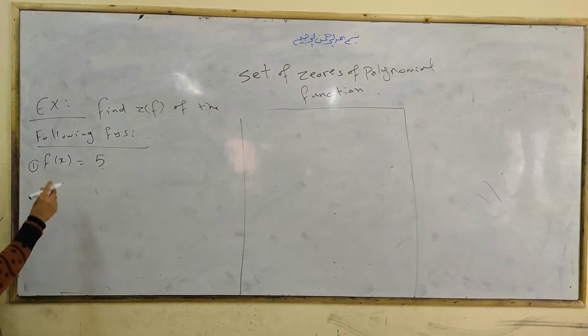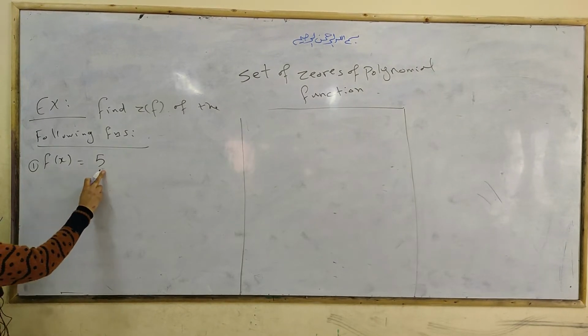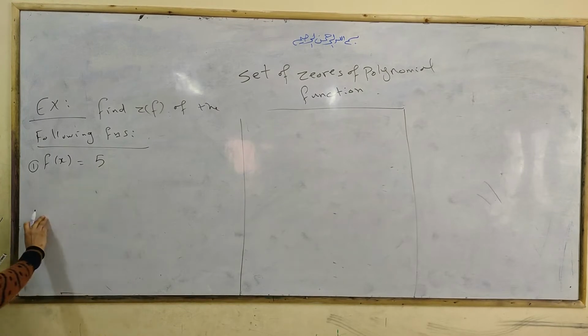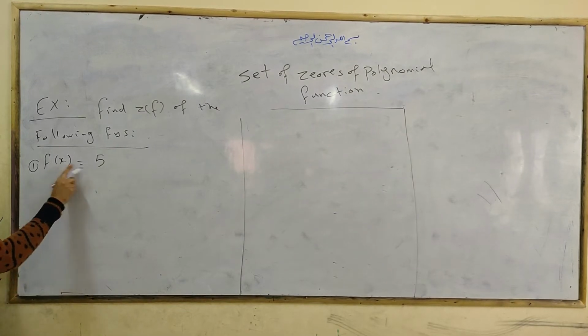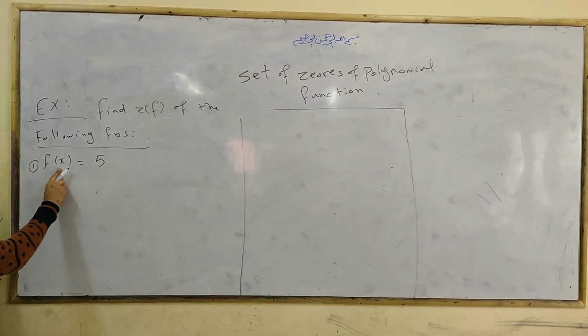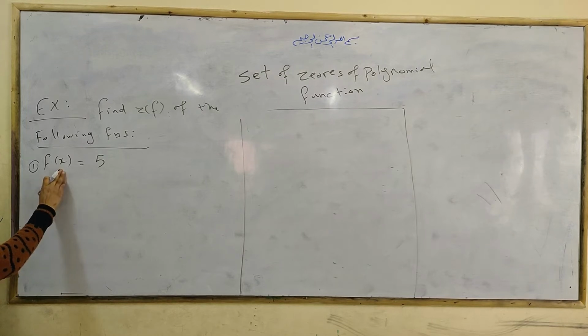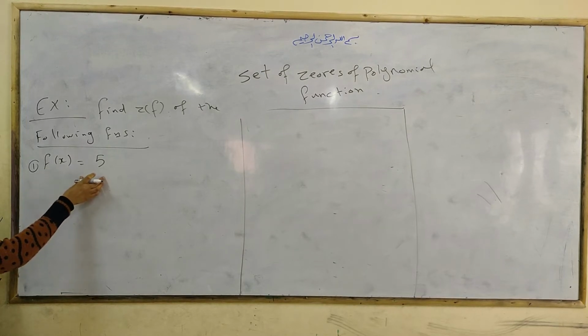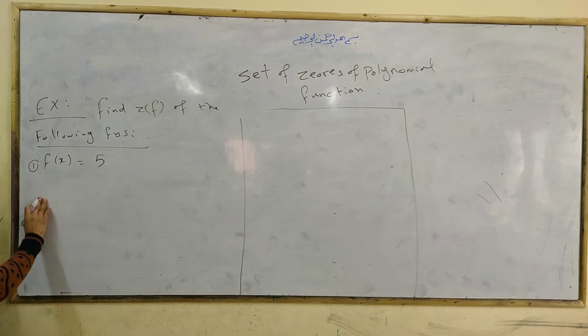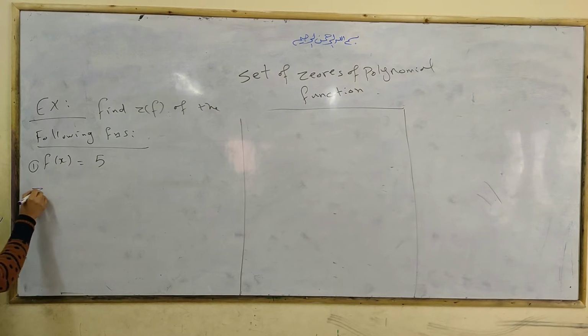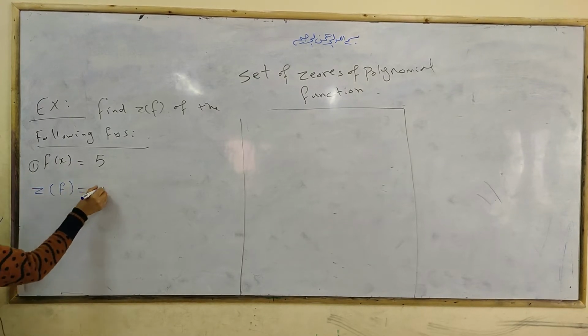Find the values of x that make the function f equal 0. Put x equal 1, the function is 5. Put x equal 0, the function is 5. Put x equal 1, the function is 5. So there is no value of x that makes the function equal 0. Therefore, Z of f is the empty set.